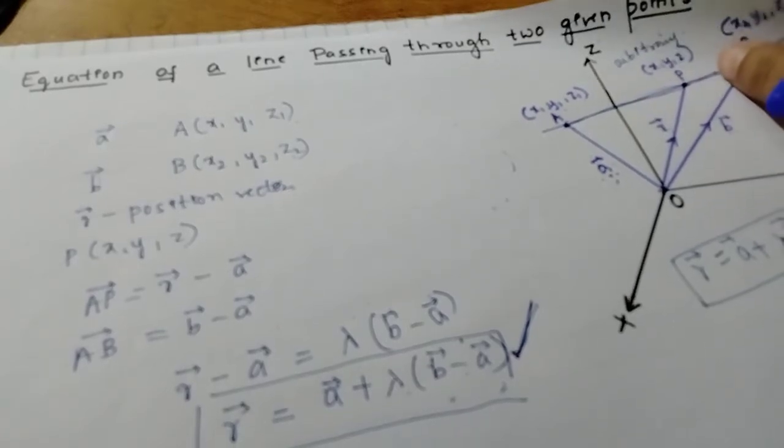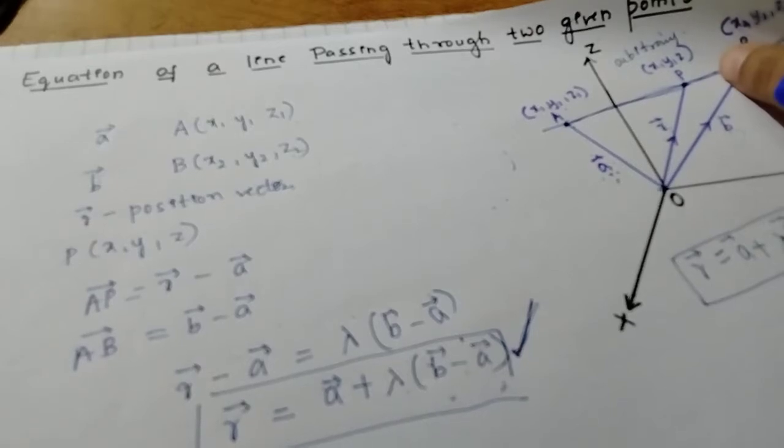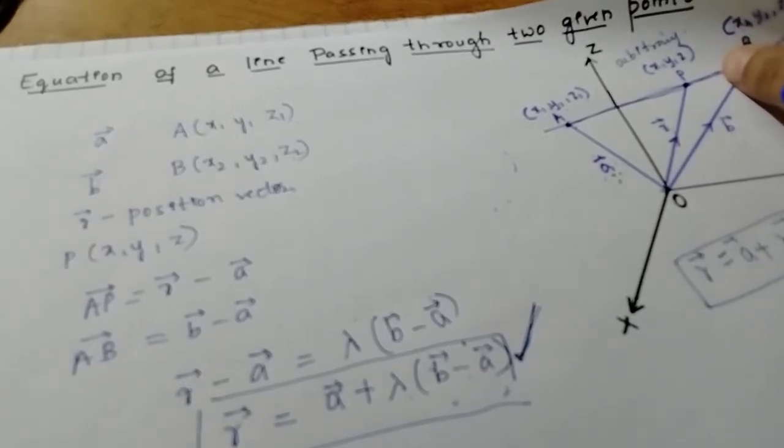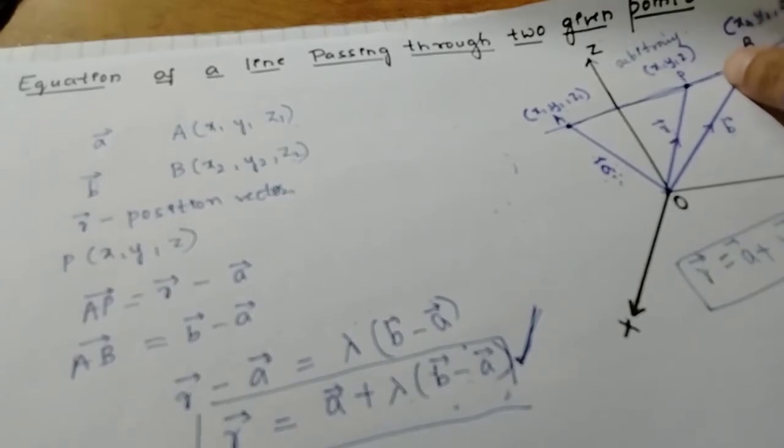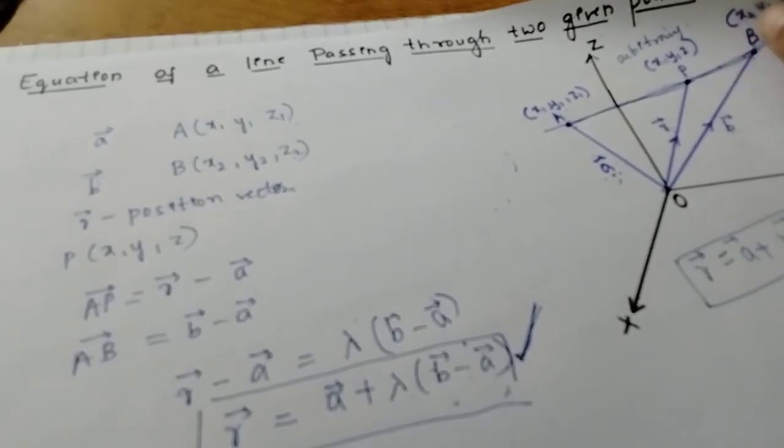Okay. Now the same thing we have to write in Cartesian form. The same what we had done yesterday. So in yesterday's class we had derived it in both vector form as well as in Cartesian form. Now also we are going to derive it in Cartesian form.